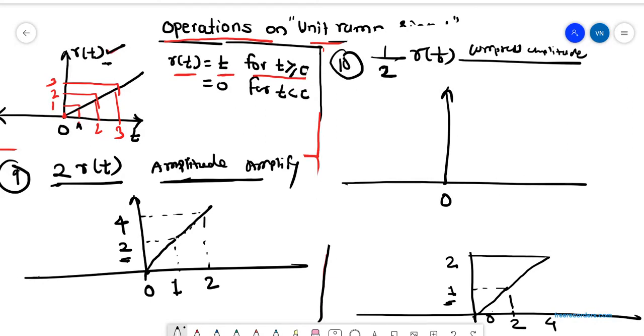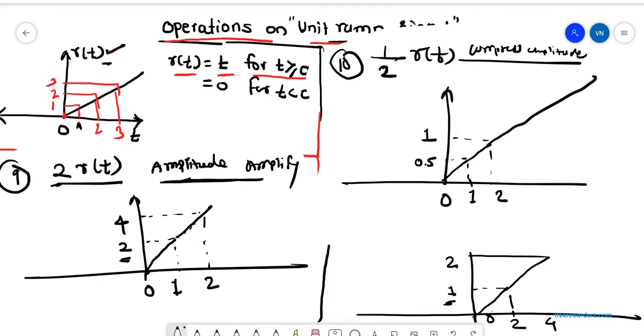So initially for 1 having the 1 amplitude as per this, now for 1 I will get 0.5 amplitude. Then for 2, initially I was getting the 2 amplitude, but now I will get 1 amplitude.